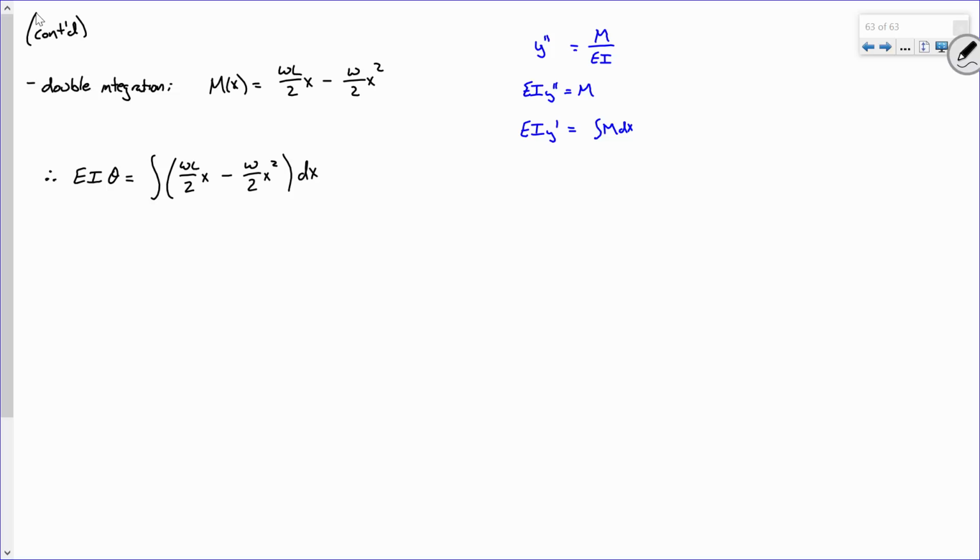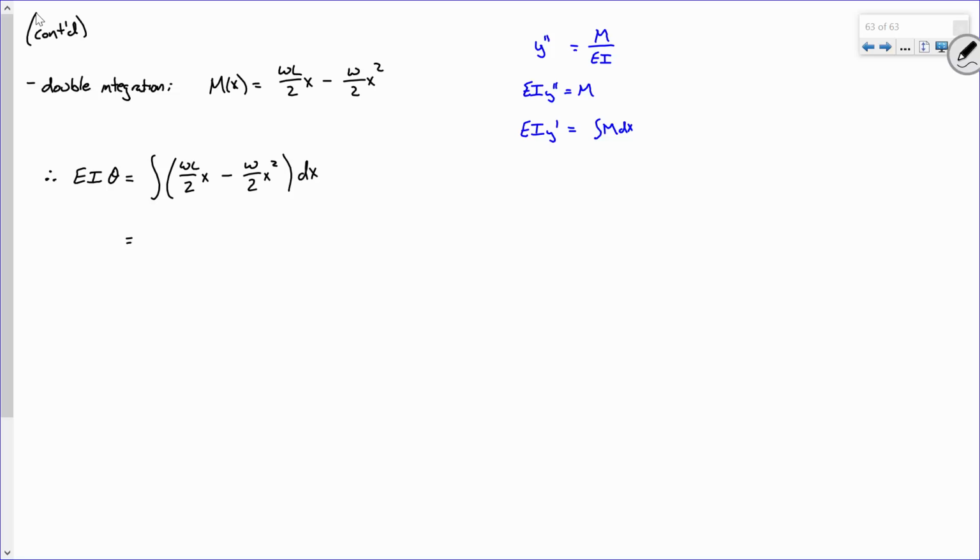Now, help me out with this. Let's integrate. So WL over 2 times x, what's the integral of that? Well, this is a constant. So what's the integral of x? x squared over 2. So the integral of all of this would be WL over 4 times x squared.